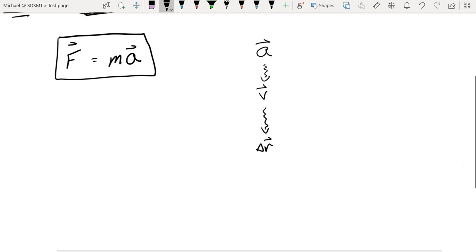But this brings in another consideration for vectors. Keep in mind the equal sign here. Not only does that equal sign say that we have to have the same numerical values on each side, but it also says that we have to have the same vector directions on each side.